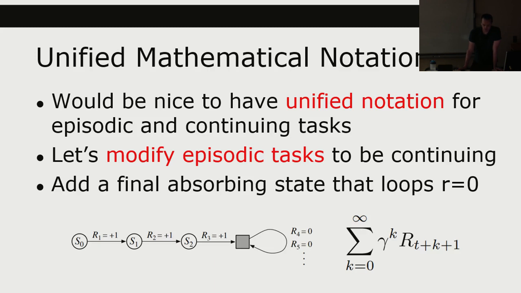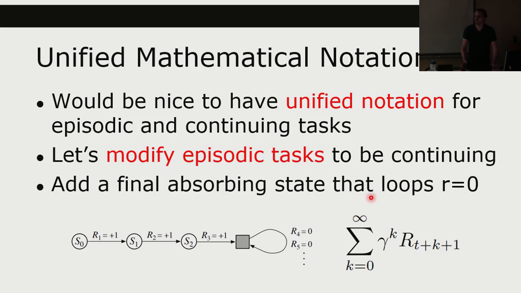We're going to modify our definition so that an episodic task is actually a special case of a continuing task. Everything is a continuing task, except we add a final absorbing state that just loops forever.